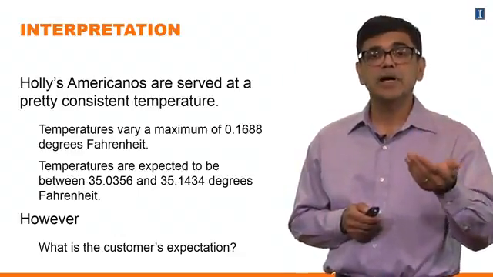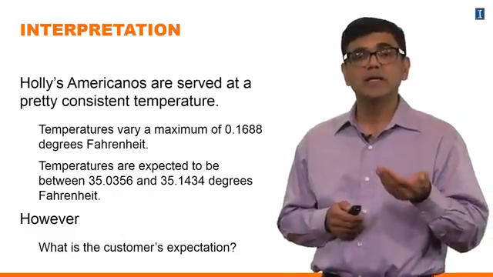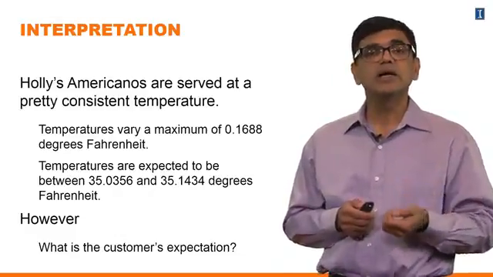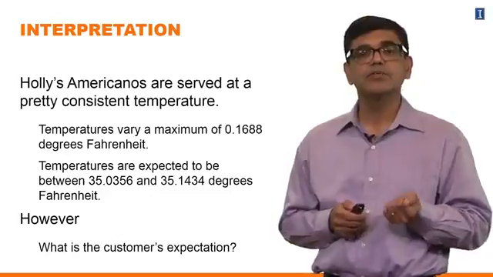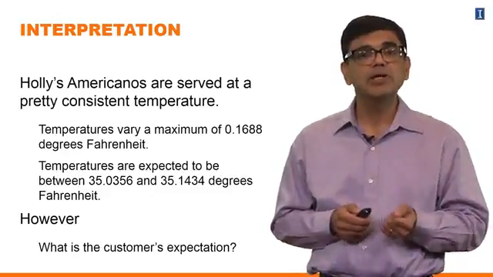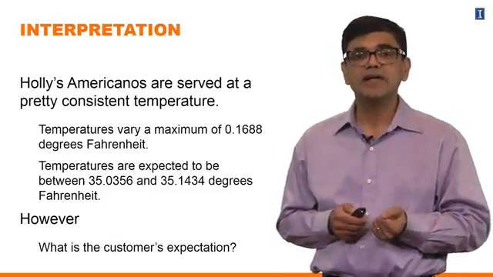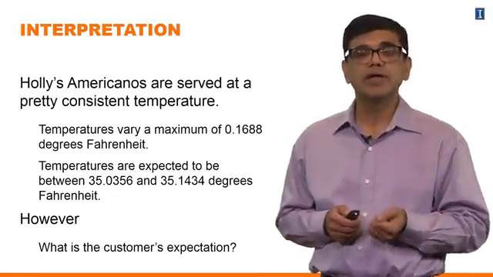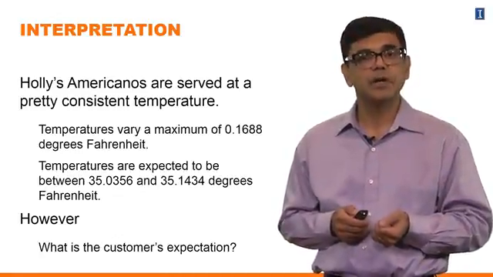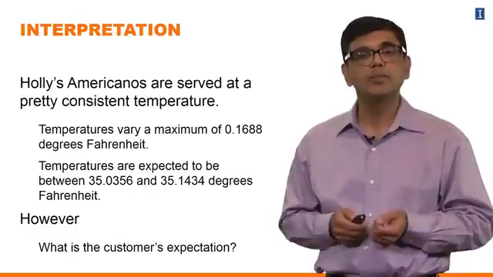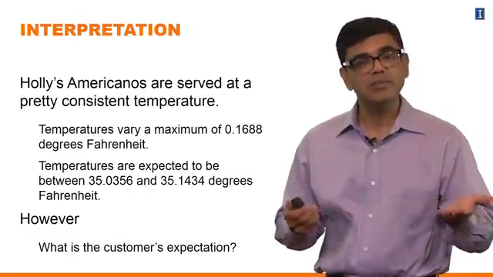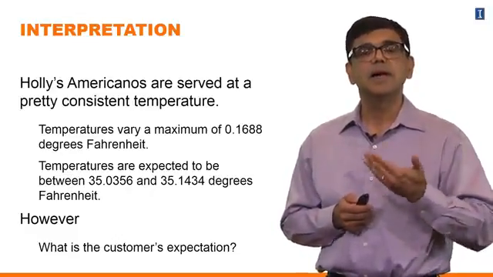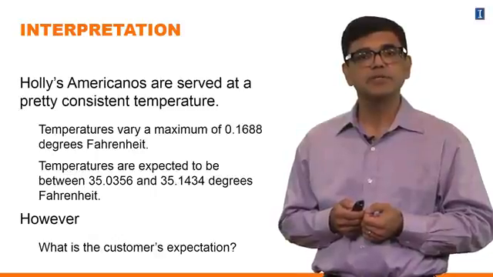The temperatures for the actual icy cold Milky Americanos is between 35.0356 and 35.1434 degrees Fahrenheit. So again, a very small range of temperatures that you're getting from this. So it seems to be a pretty tightly controlled process. She's able to achieve that consistency in the coffee that she's serving her customers.